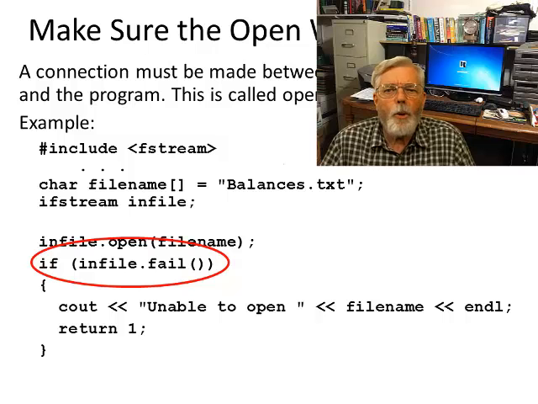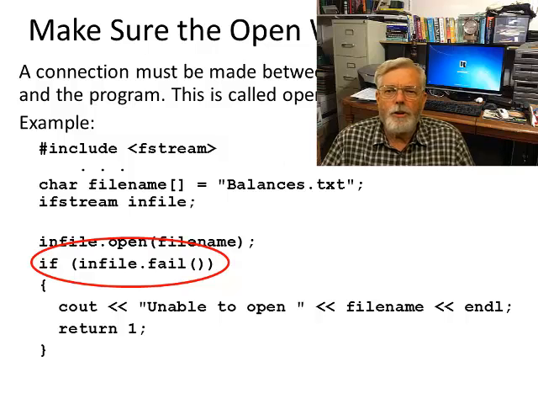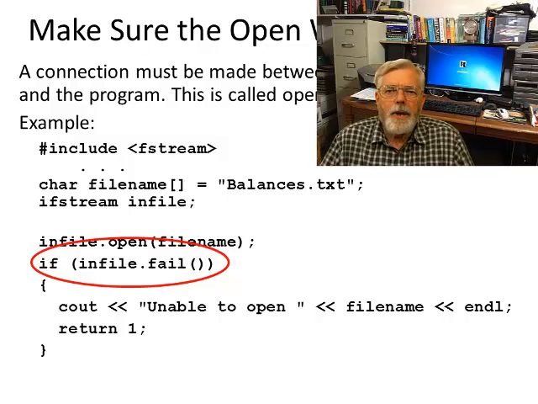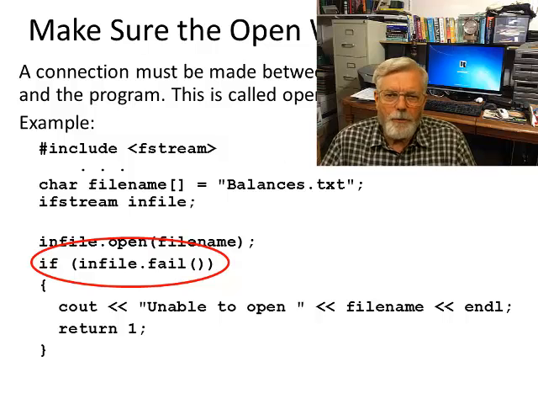Maybe I'm trying to open a file for writing, open an output file, and that file is tagged as read-only. So there's always a possibility that open didn't succeed. So when we try to open a file, we really need to check and make sure that the open was successful before we continue on with the rest of the program. If it's not successful, we can put up some error message and then kill the program.